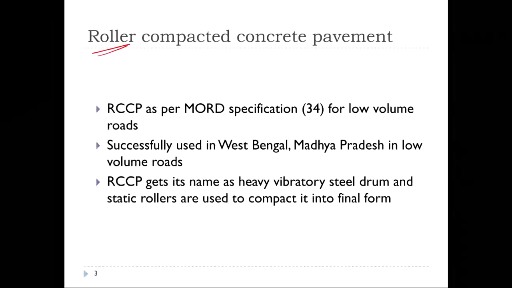As I told before, roller compacted concrete pavement gets its name as we are using heavy vibratory steel drum and static rollers to compact it into final form. If you remember, for our conventional concrete pavements, we needed proper scaffolding, or we used slip form pavers to pave it.